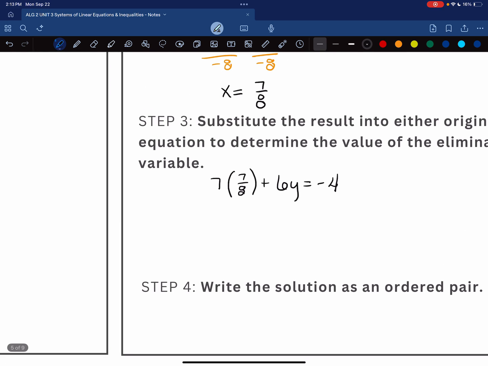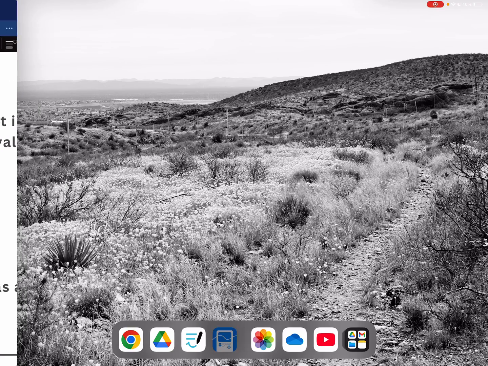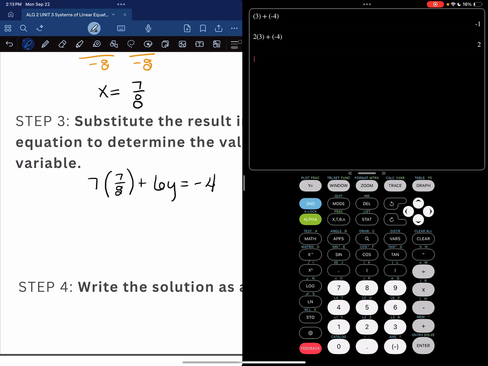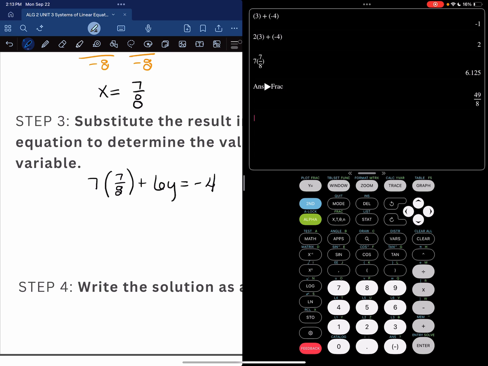So this is going to be one where you might want to grab your graphing calculator because we've got some fractions that we're going to need to multiply. I have 7 being multiplied with the fraction 7 over 8. I need it as a fraction. So that's 49 over 8 plus 6y equals negative 4.